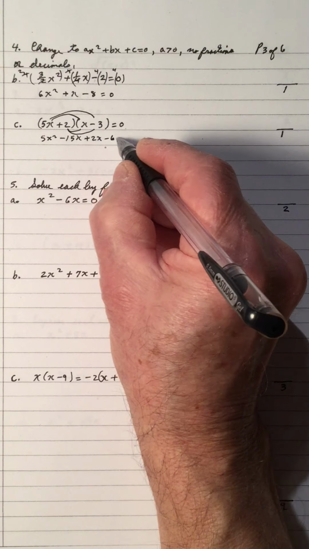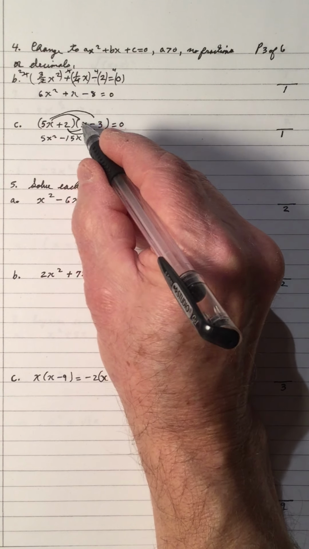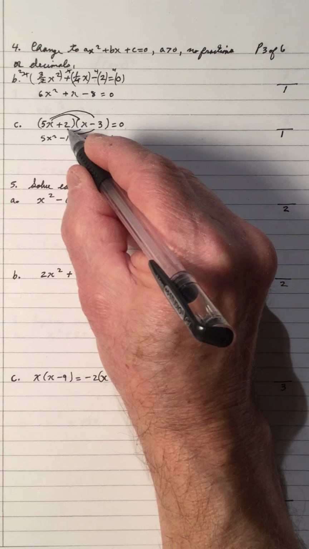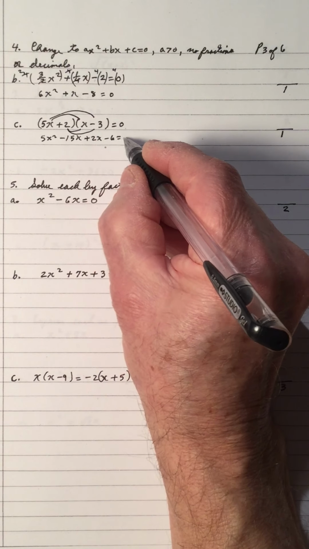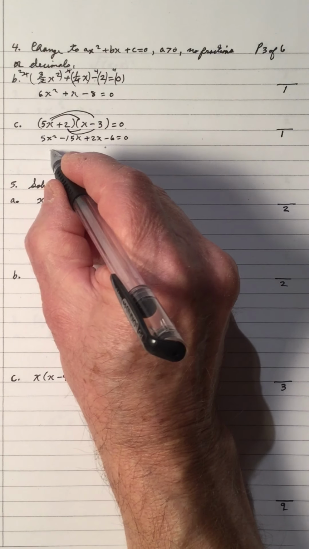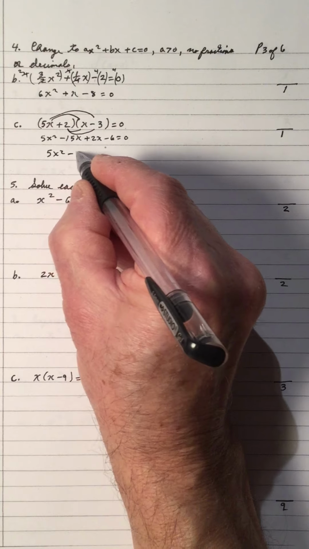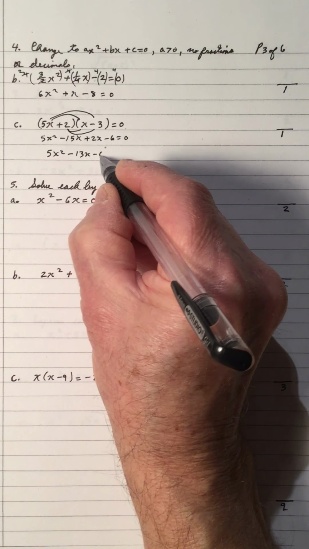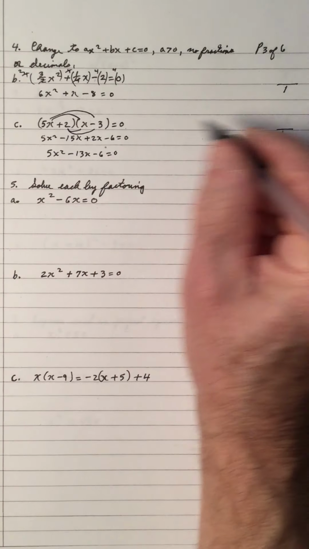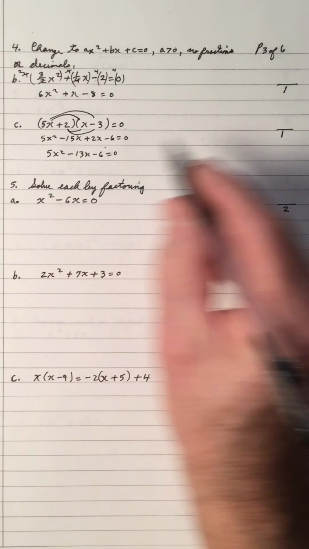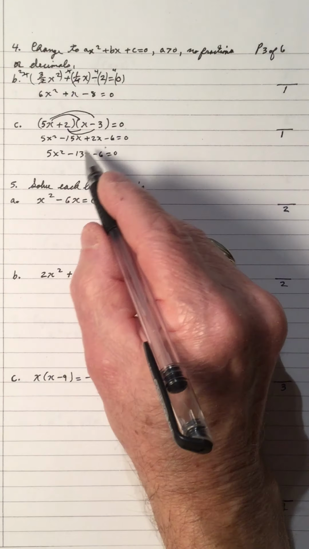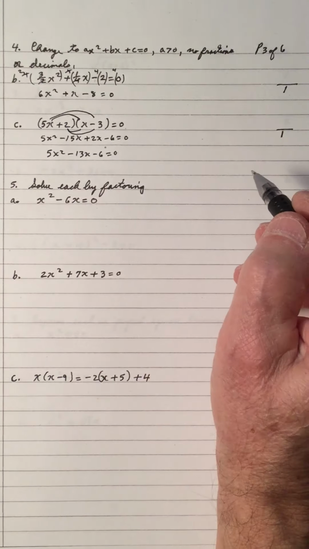Last is negative 6. And we simplify. 5x squared minus 13x minus 6 equals 0. So I multiply by FOIL and I simplified. Give yourself a mark if you have this equation.